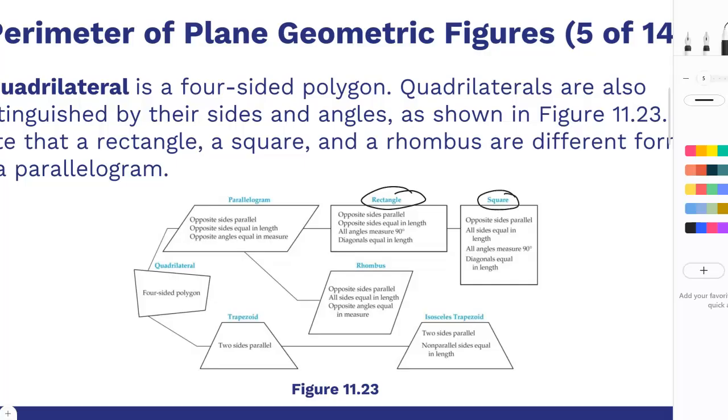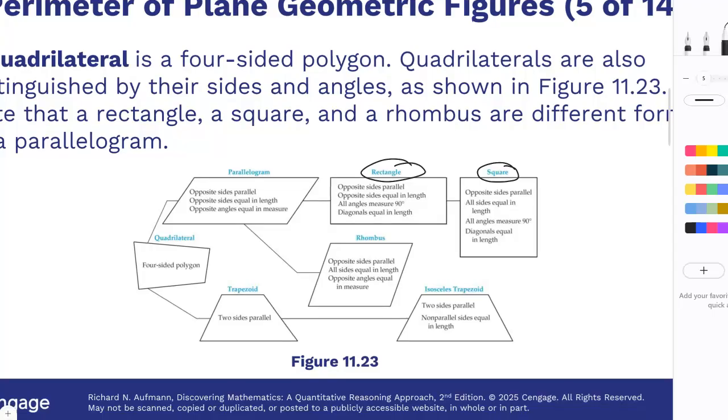Squares, we see those quite a bit also. That's where every side is the same length. All the angles are 90 degrees in both of these. The difference is that with a rectangle, opposite sides are going to be parallel and they're going to be equal length. So these sides would be equal length and these sides would be equal length.